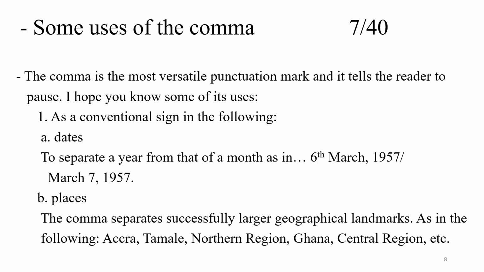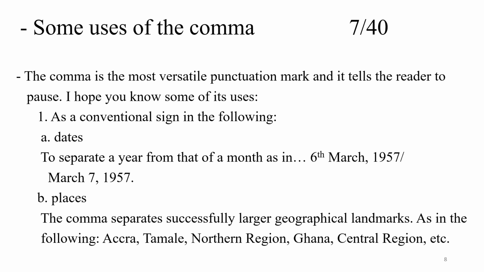Alternatively, where we want to bring the day after the month, like March 7, the comma is equally crucial. You need to bring a comma after the day to separate it from the year. I hope you are following the discussions.